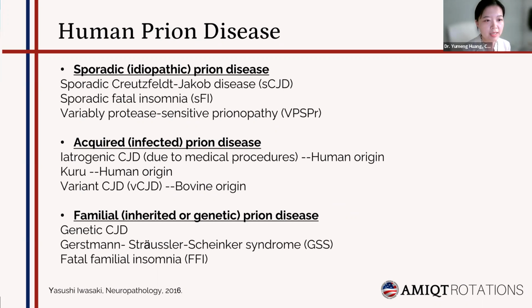And there is also variant CJD, which we commonly call mad cow disease, from the bovine species. The third type is familial prion disease, for example, genetic CJD, GSS, and FFI.